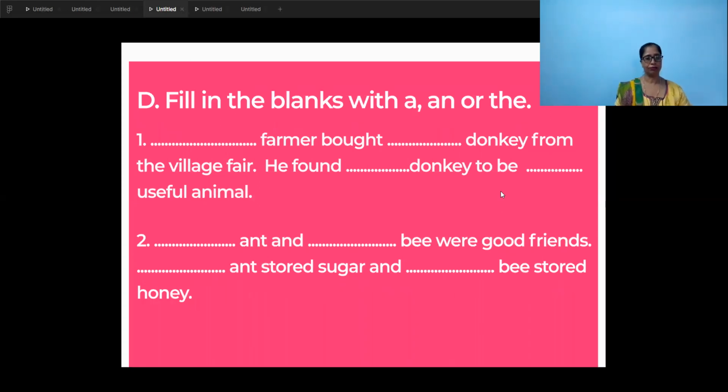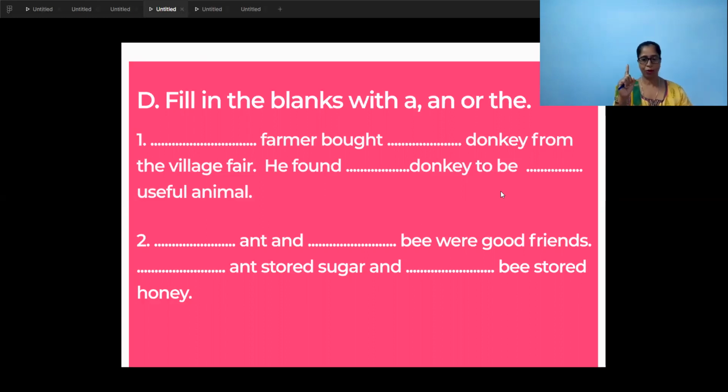Dash farmer bought dash donkey from the village fair. So I want you all to think and write the answer. Then we will cross check the answers. So are you writing? Dash farmer. I'm talking about the farmer for the first time. Okay. So you use the rule and write. Dash farmer bought dash donkey.